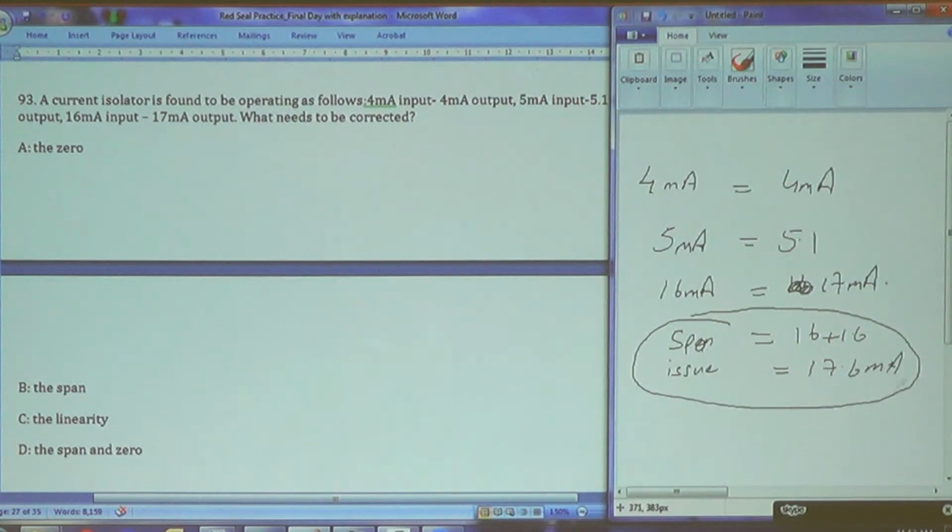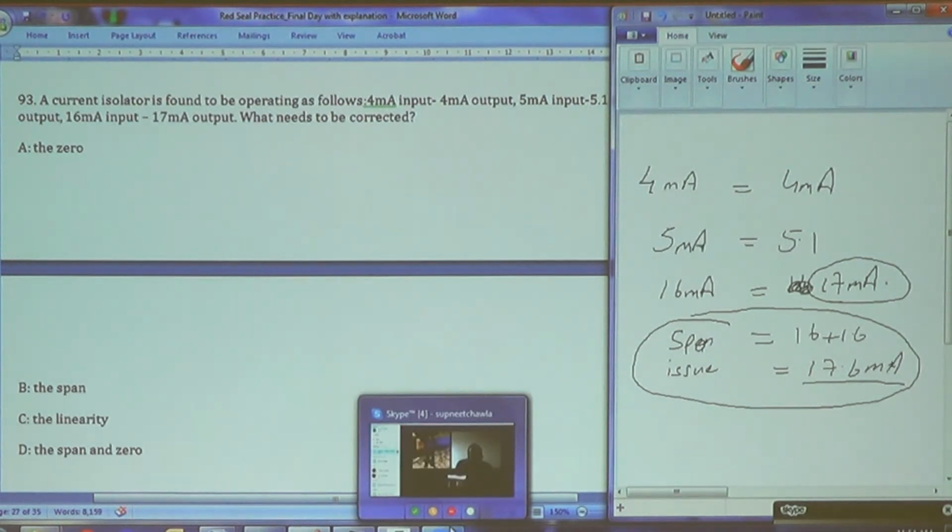If for 16 milliampere I had 17.6 milliampere, then only span would be required. But since for 16 milliampere I have 17 milliampere, span alone is not enough. I have to do a linearity check, a linearity calculation, because input is not linear.